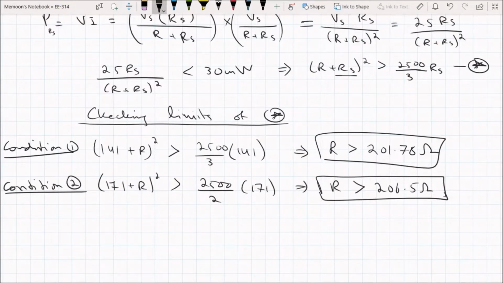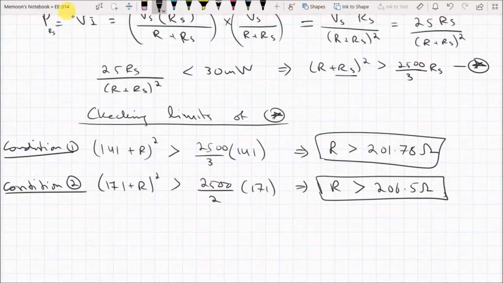So for one condition, your R should have been greater than 201.8. For the second condition, your R should have been greater than 206.5. And for any other value in between these two, your R should have been greater than some value in between these two values of R that we have calculated.